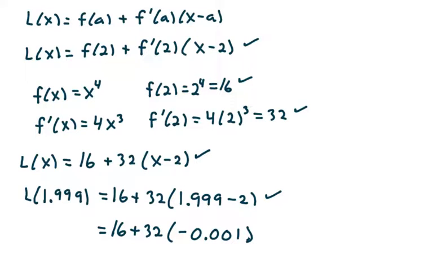And I claim that will give us an approximation to 1.999 to the fourth. And this bottom line is much easier to calculate than 1.999 to the fourth. So that's the whole point of this.